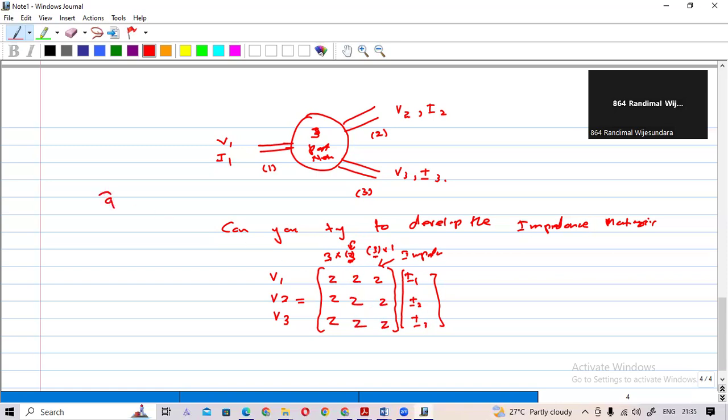That means there are 9 impedances at once. So this will be row 1, column 1, row 1, column 2, row 1, column 3, row 2, column 1, row 2, column 2, row 2, column 3, row 3, column 1, row 3, column 2, row 3, column 3. This is a matrix. Okay.